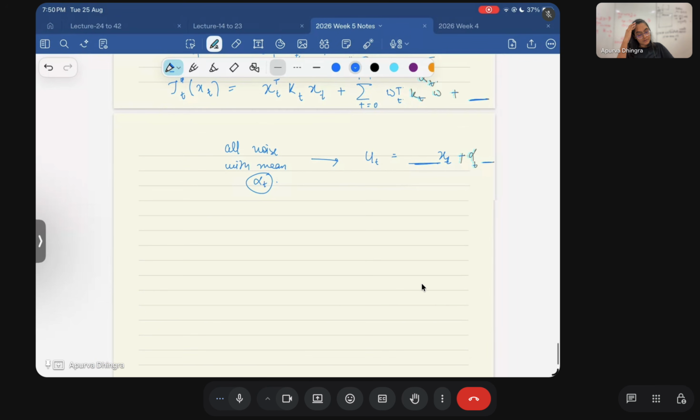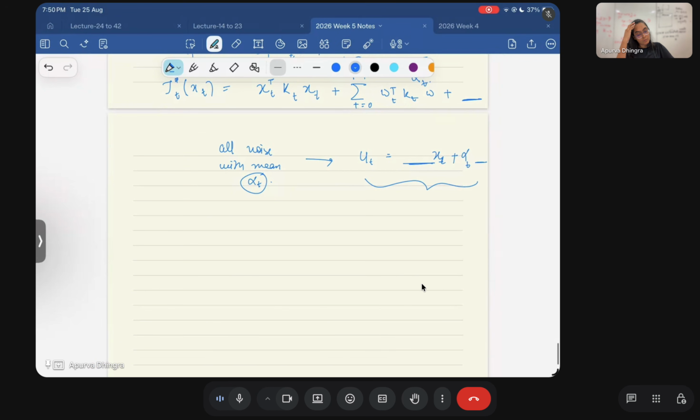So this same policy will hold for any LQ problem with noise omega, where omega t is equal to alpha t. So all of those got clubbed into just one class of problem.